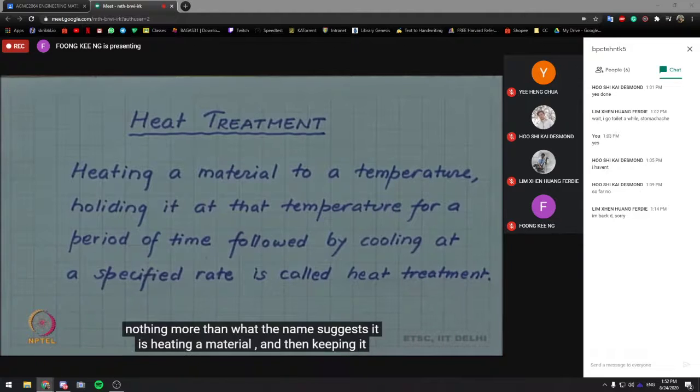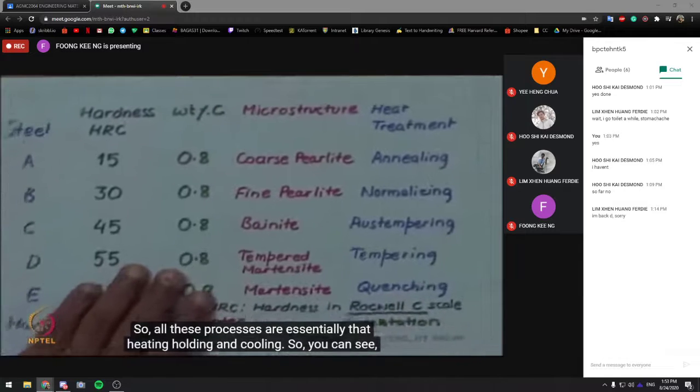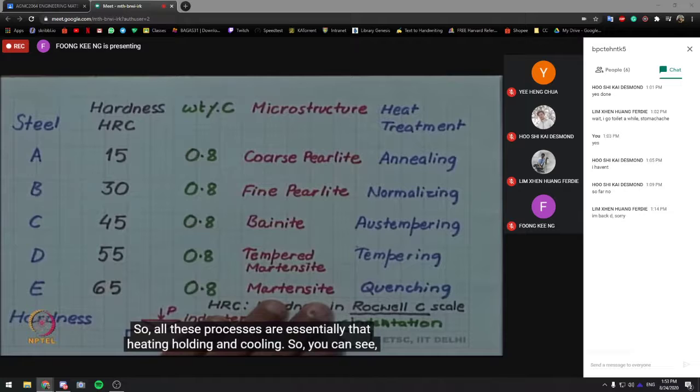So it's nothing more than what the name suggests. It is heating a material and then keeping it at that temperature for some time and then cooling it back. And all these processes are essentially that: heating, holding, and cooling.